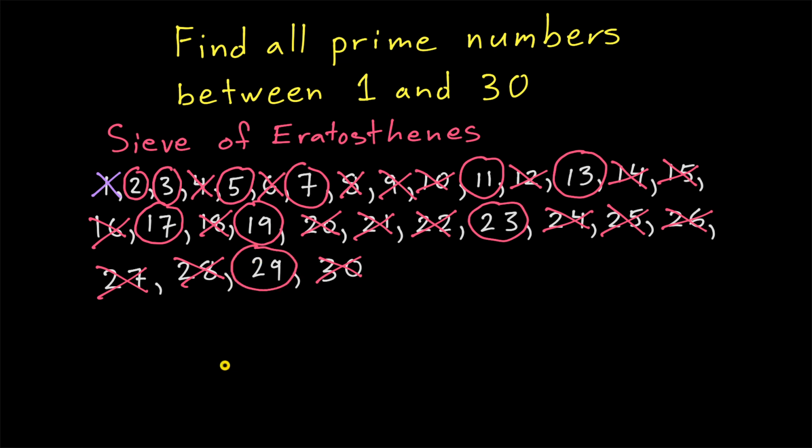And basically, all of our prime numbers are just the numbers that were circled. So all the numbers that were circled are prime.